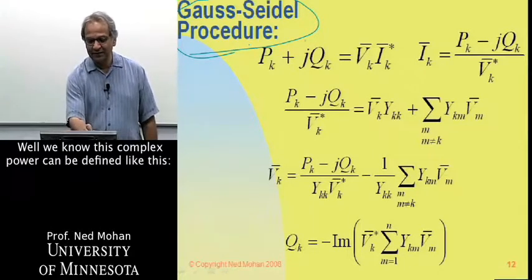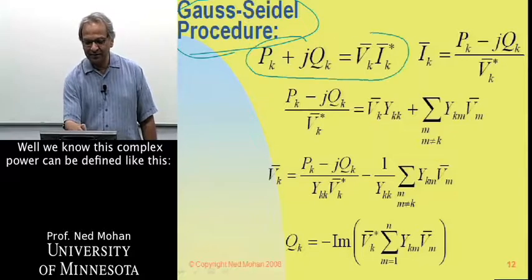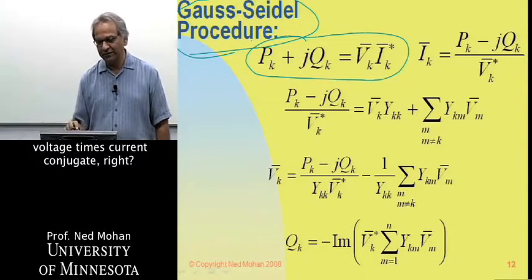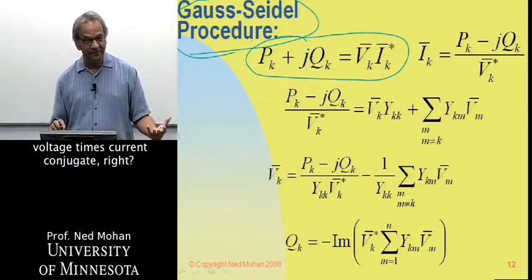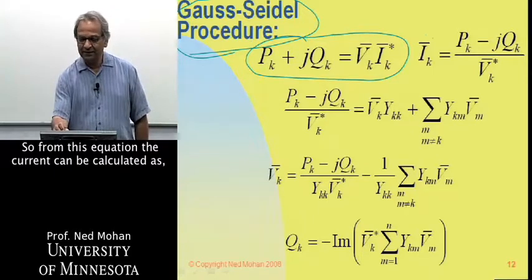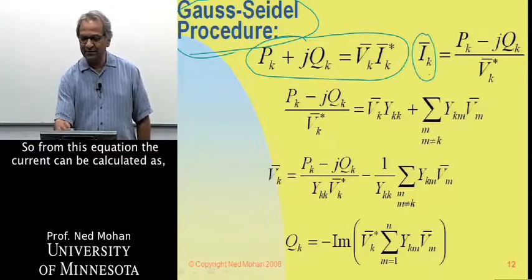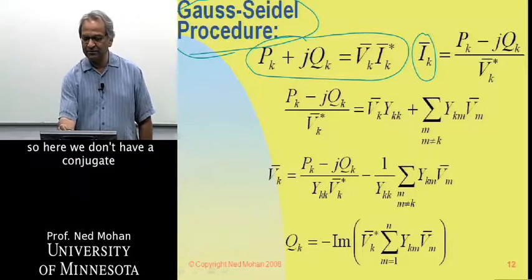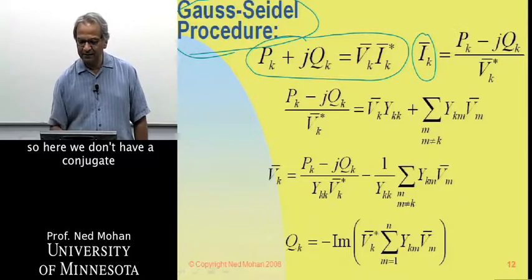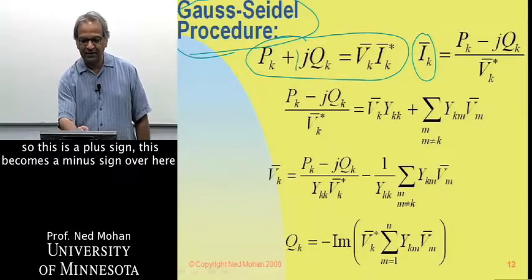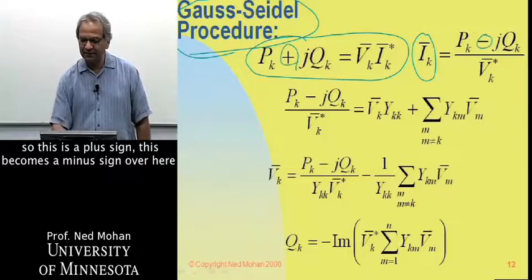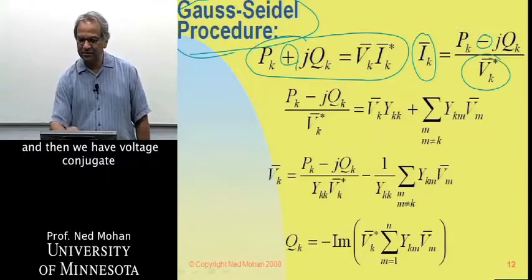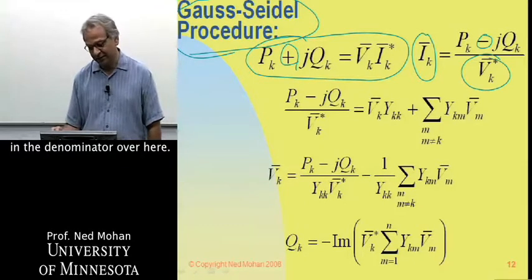Well, we know that this complex power can be defined like this: voltage times current conjugate, right? So from this equation, the current can be calculated as, this was conjugate here, so here we don't have the conjugate. So instead of a plus sign, this becomes a minus sign over here, and then we have the voltage conjugate in the denominator over here.